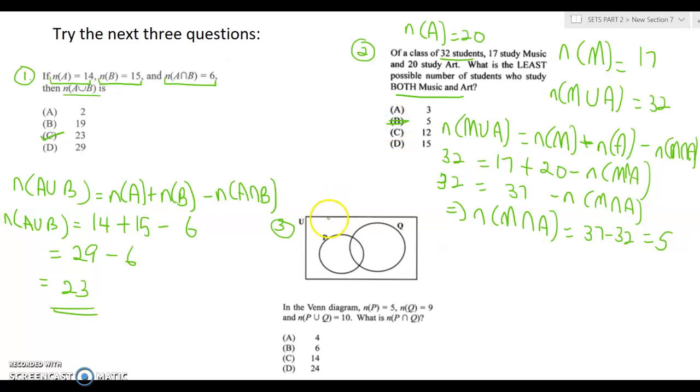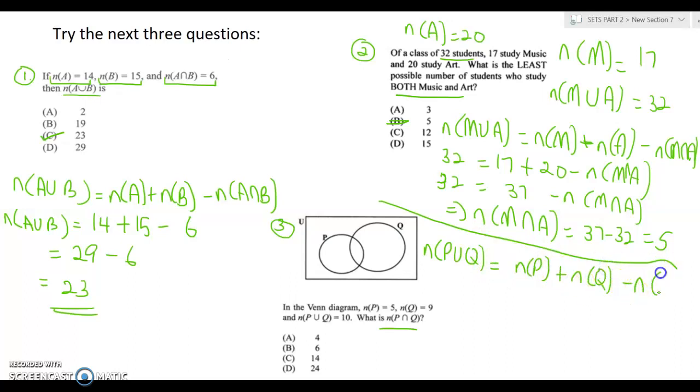And then number 3 is a similar thing. They want to find, just like number 2, the number of members in the intersection. So I'm just going to write the formula one time. The number of members in P union Q is equal to the addition of each set separately, minus that intersection. So I start putting in our values.